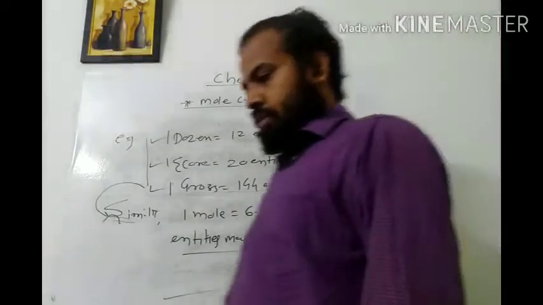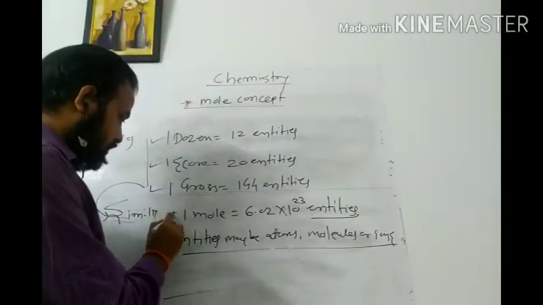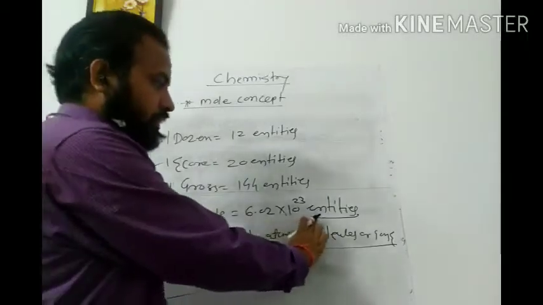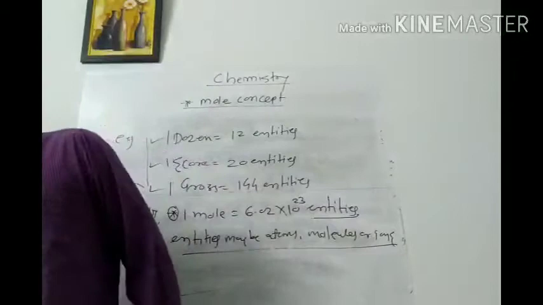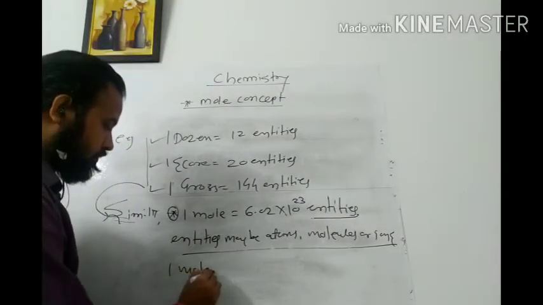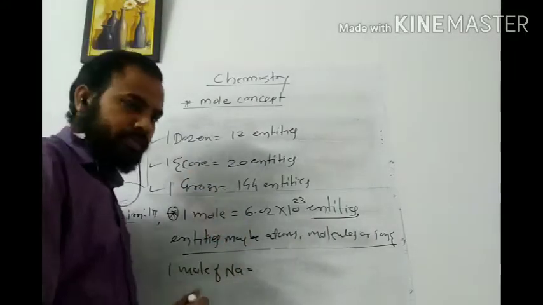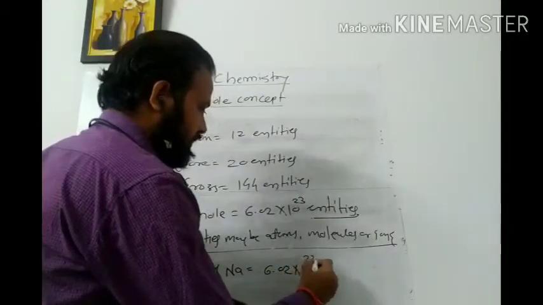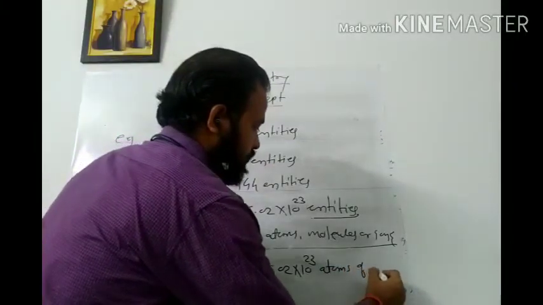So this is how we studied the mole concept. Now in short, what we have to remember? We have to remember only one thing, mole. Mole is what? 6.02 into 10 raised to 23 atoms, molecules or ions. Okay, so let us say for example 1 mole of sodium means what? 1 mole of sodium means 6.02 into 10 raised to 23 atoms of sodium.